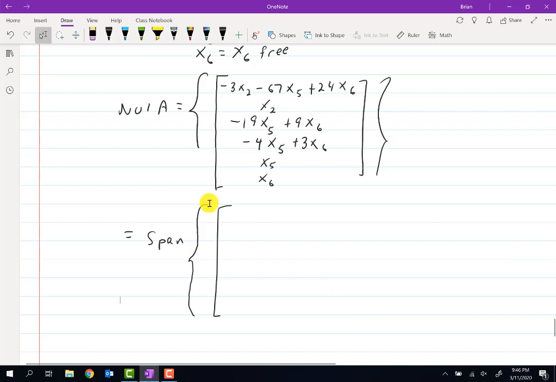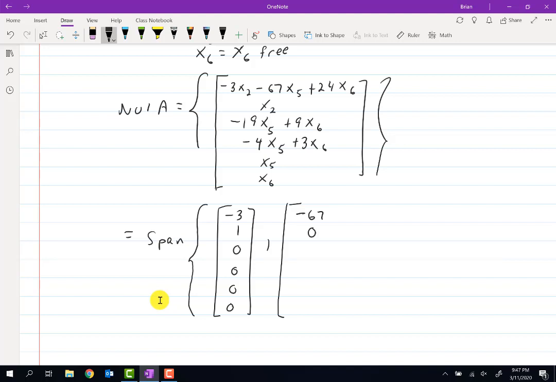When you think of the x2 vectors, I have a negative 3, I have a 1, but then zeros for the rest. So one of the vectors will be that. Moving on, if you look, then I have x5s and x6s. Look at the x5s. I got a negative 67, I have a 0, negative 19, negative 4, 1, and then 0.